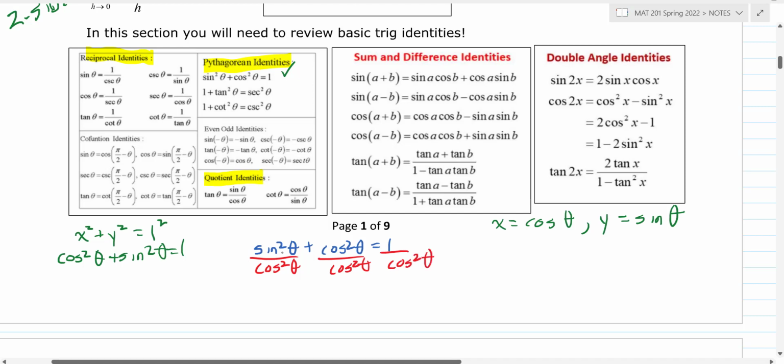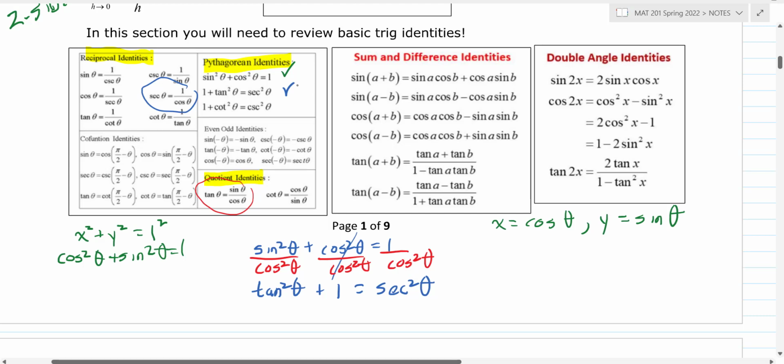And what I'll get is, this is the tangent. Okay, we have the quotient identity that says sine over cosine is tangent. So this part right here would be the tangent squared theta. This part here would be 1. That cancels out. And then 1 over cosine is the secant. So this would be equal to the secant squared. So that's where that second Pythagorean identity comes from.